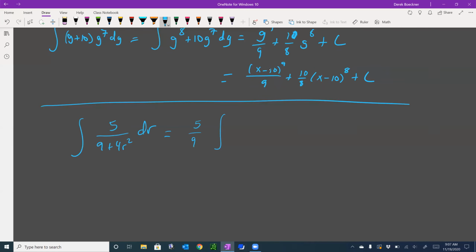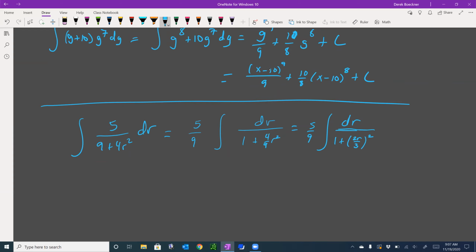Pulling a 5 off the top leaves me with dr on top. Pulling a 9 off the bottom leaves me with a 1 plus 4/9 r squared. So I'm going to rewrite that as, well, let's not rewrite it yet. We'll rewrite it in a second. Looks like this. Are we okay with that?